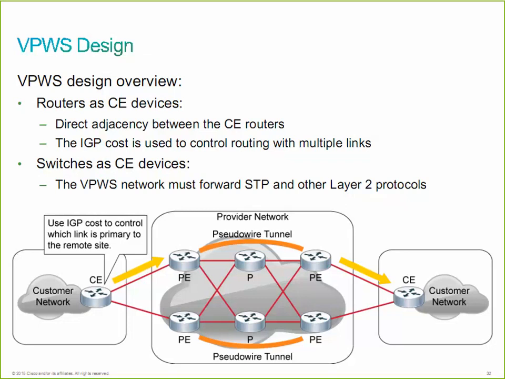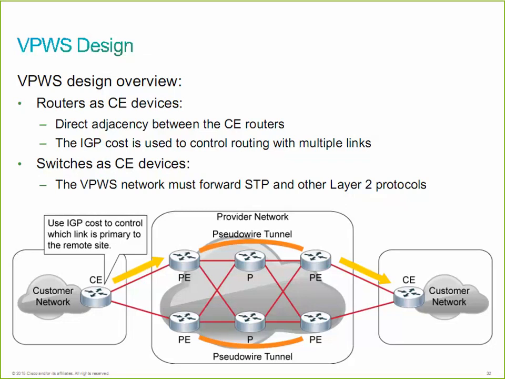There are a couple of other considerations that you have to take into account when you're using VPWS. For example, supported MTU sizes, WAN support, quality of service support, and the transparency aspect.